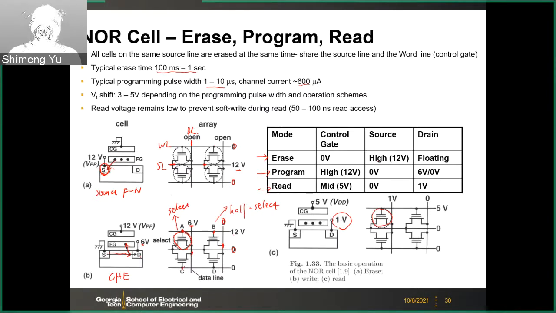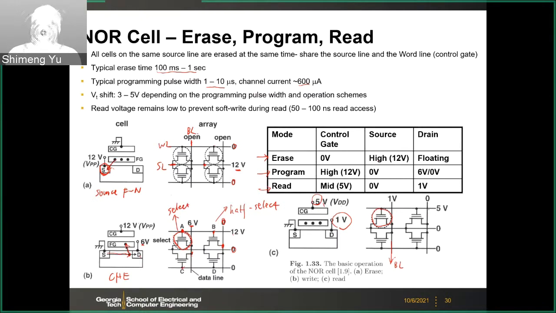So cell A here will be read out, and you can detect from the bitline whether you have current or you don't have current, depending on whether the cell is erased or programmed, that is, depending on whether the cell's threshold voltage is larger or smaller than your read voltage on the control gate.